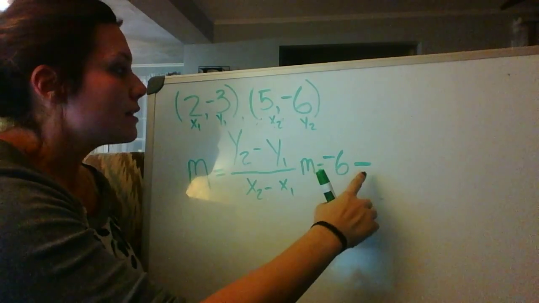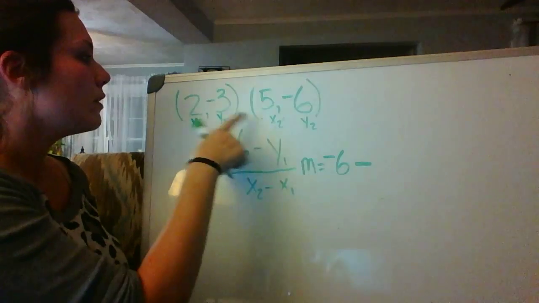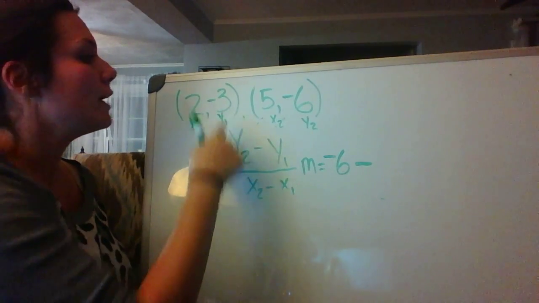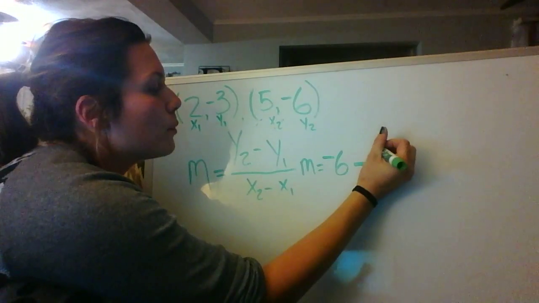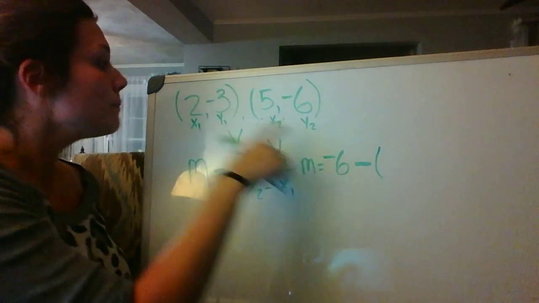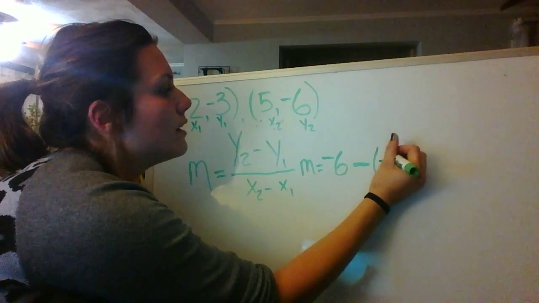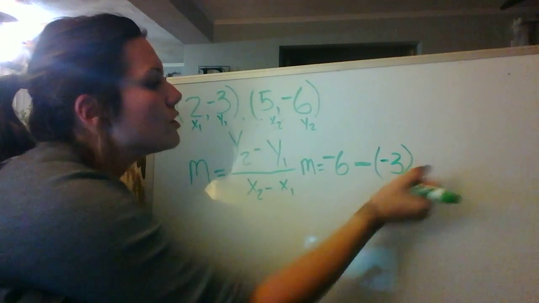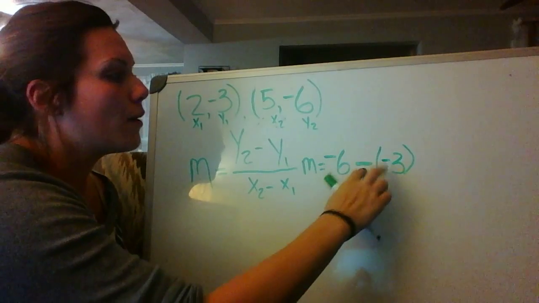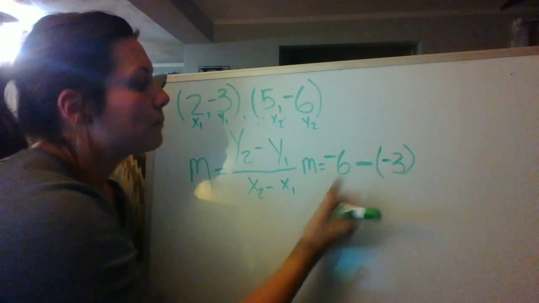So I have negative 6 minus, what's my y1? I look up here, oh, here's y1, negative 3. So I'm going to write parentheses because I have a subtraction sign and a negative sign. So I'm going to write my parentheses around negative 3 just so that I don't get confused about having a subtraction sign and a negative sign together.